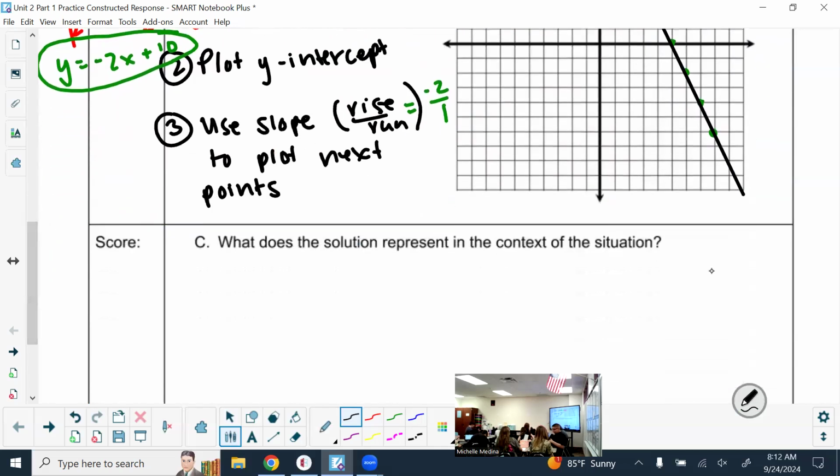And then interpret it in context of the situation. I don't remember what the solution is, but say it's 3, 4, then that means the hats cost $3, the gloves cost $4. I don't know off the top of my head, but whatever it is, make sure you interpret it back to the real world.